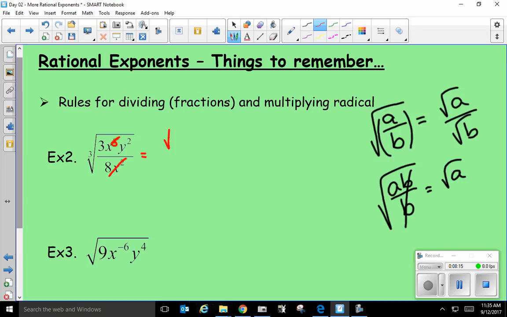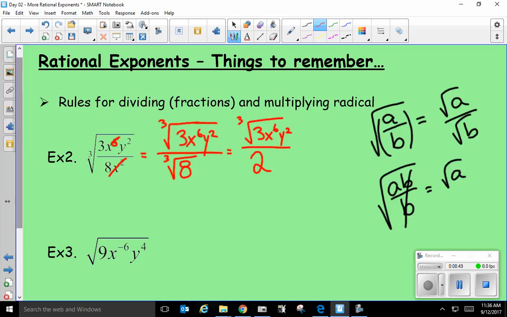So I'm going to say the cube root of 3x to the 6th y squared all over the cube root of 8. Now, why am I not going to worry about multiplying the cube root of 8 by something to get rid of that radical? Because, Jasmine, the cube root of 8 is 2. That simplifies for us right off the bat. This is equal to the cube root of 3x to the 6th y squared, over 2.